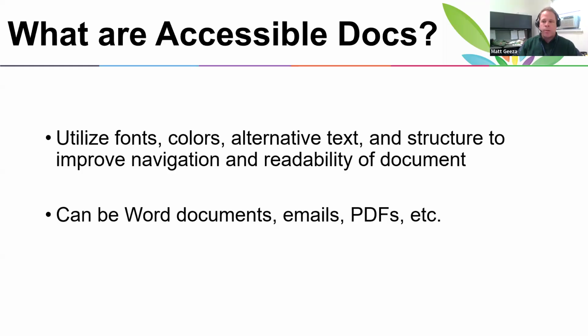And if you're not familiar with screen reading software, it is specialized software that reads the code of documents and reads it out loud to somebody who is unable to view the screen. So screen readers are primarily used by people who are blind or people who have low vision. They can also be used by people who have a reading disability or reading difference.